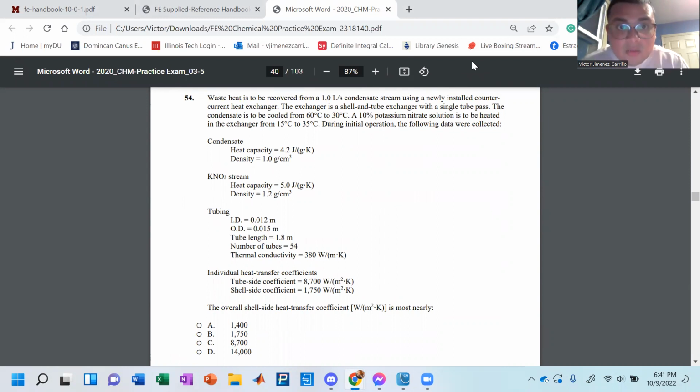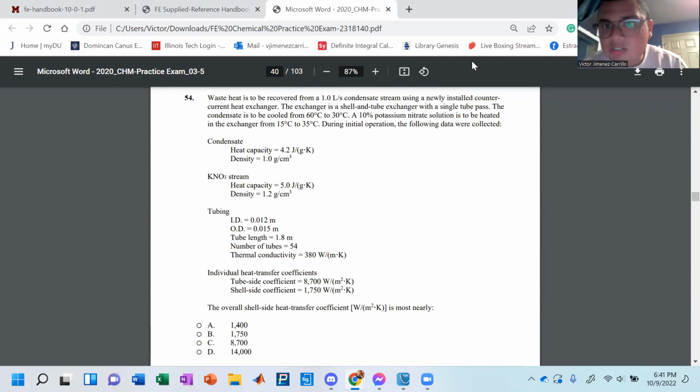Okay. Waste heat is to be recovered from a 1.0 liter per second condensate stream using newly insulated countercurrent heat exchangers. Heat exchanger is a shell and tube heat exchanger with a single pass tube. That's good because if you remember heat exchangers, it makes it simpler. The condensate is to be cooled from 60 to 30, and a 10% sodium nitrate solution is being heated in the heat exchanger from 15 to 35.